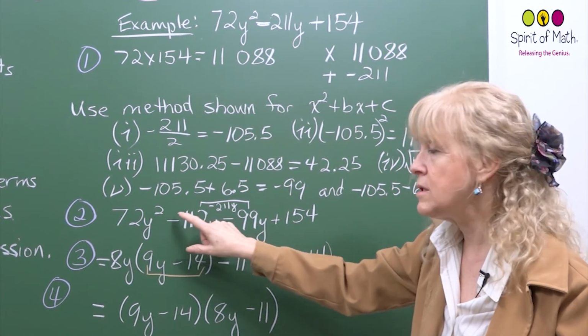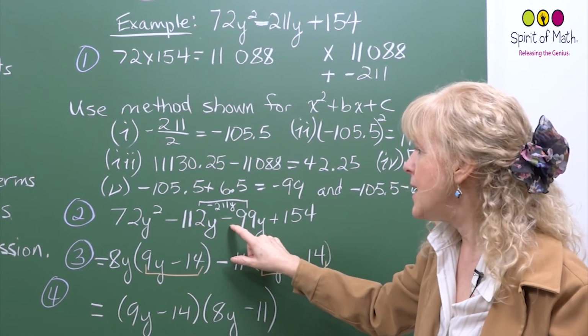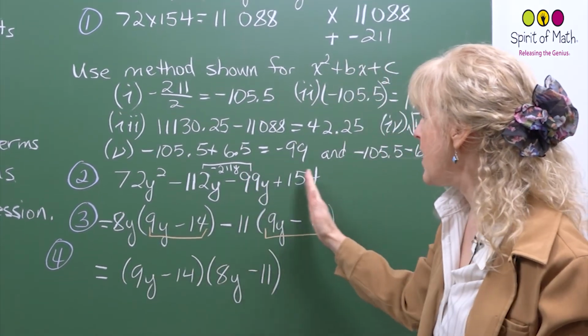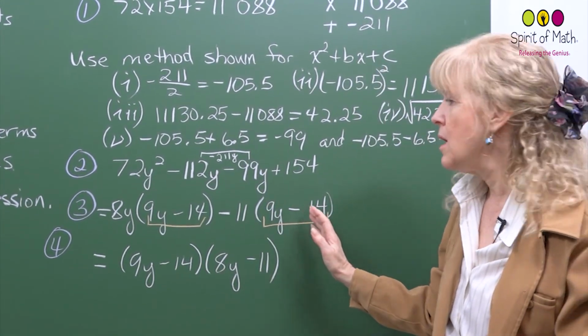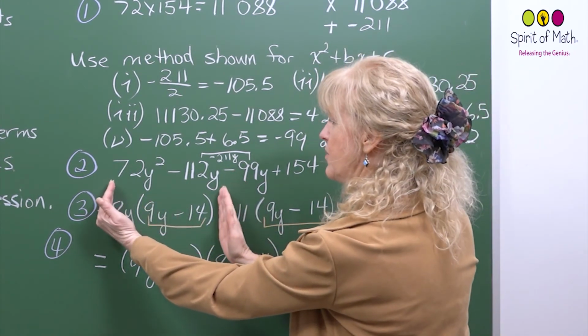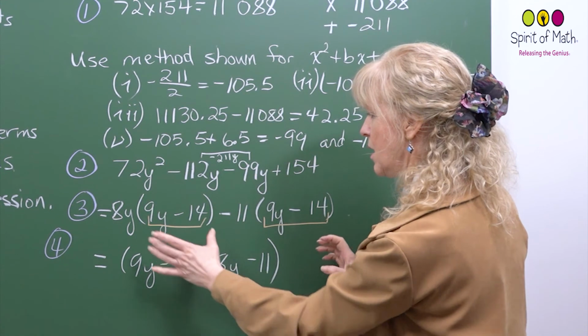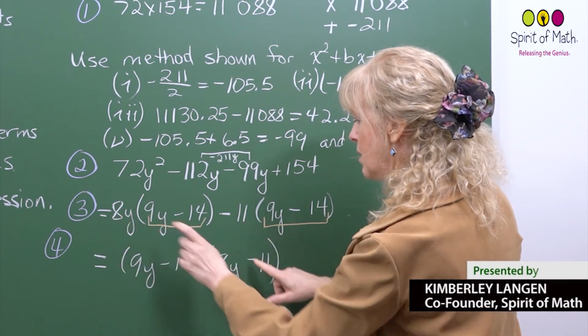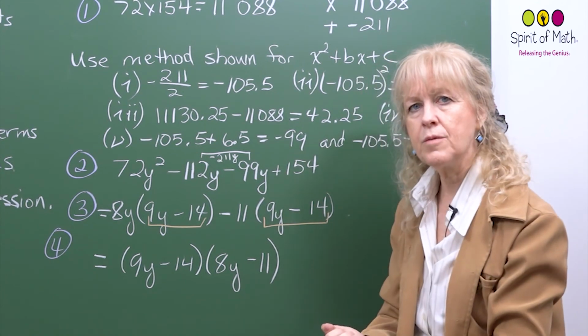Don't forget the signs also. And then you common factor the first 2 terms, common factor the second 2 terms. Then you should have this common factor, you've developed 2 new terms here. This is common, so you take that out and you're left with what's here. And that's the second factor. That's it.